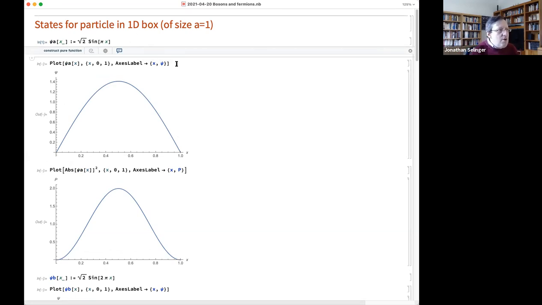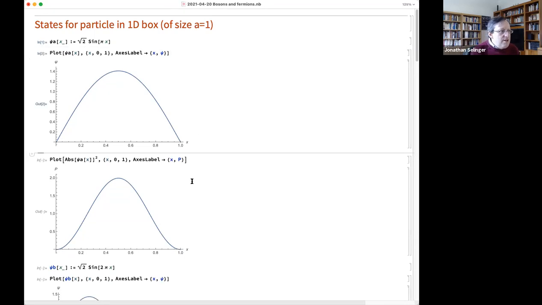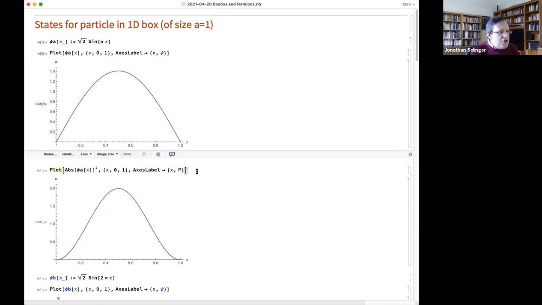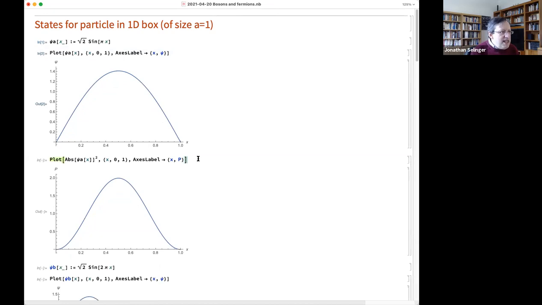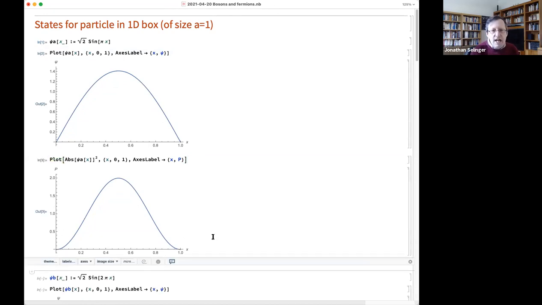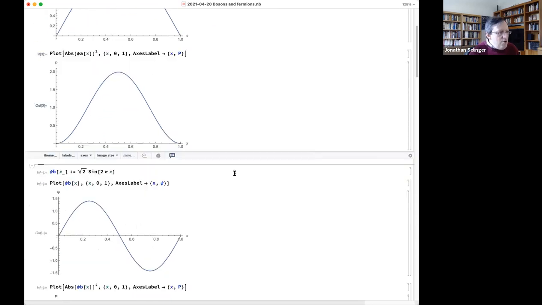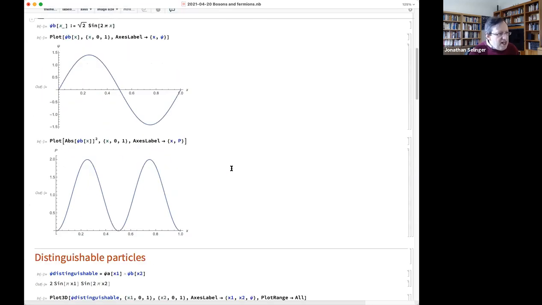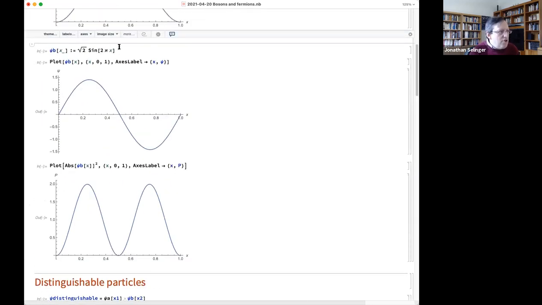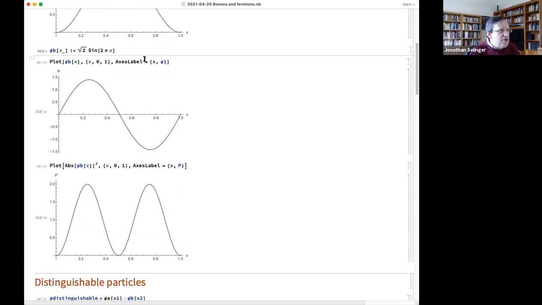Okay. So that is a wave function like this. Okay, and it's associated with a probability density, which is the wave function squared. It looks like that. Okay, right? That's familiar to you from the beginning of the semester. Right? And you know that the second state for a particle in a one-dimensional box is sine of 2 pi x.